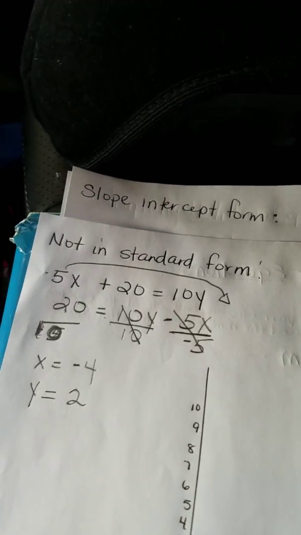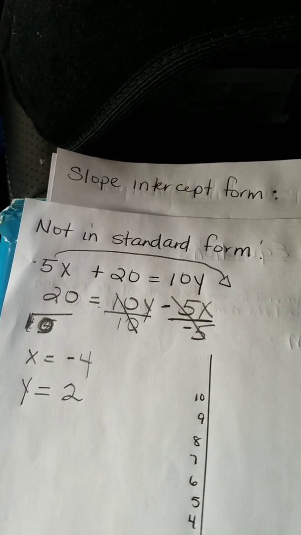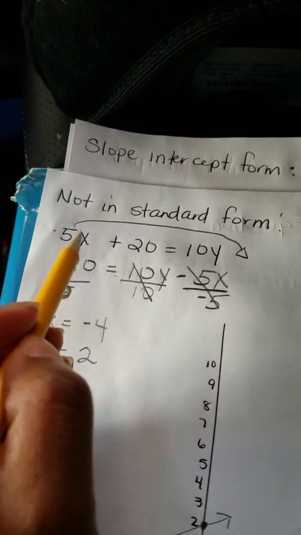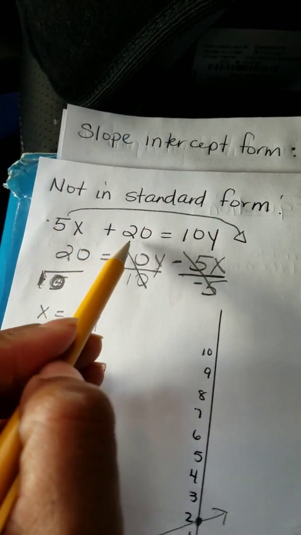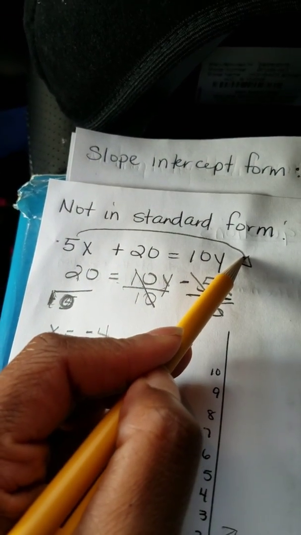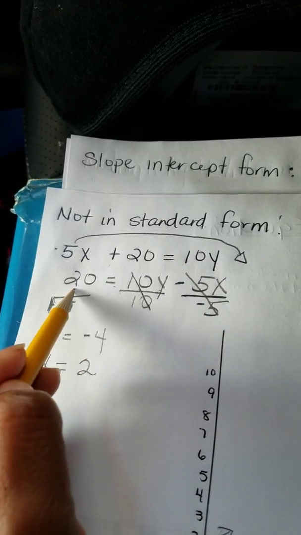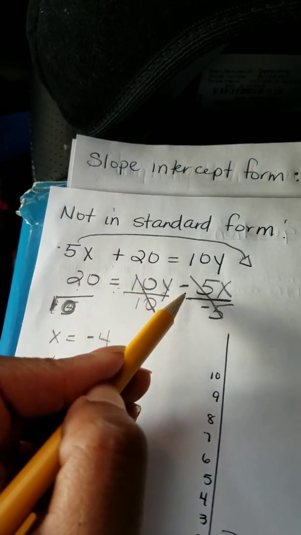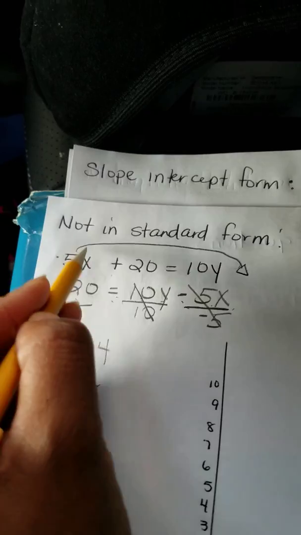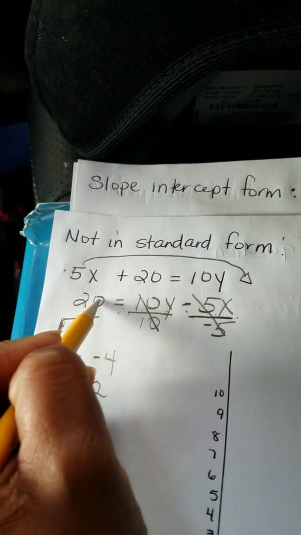But if I was to get a problem that was not in standard form, basically I have my variables on both sides. So I moved the 5x over to the opposite side, leaving me with 20 equals 10y minus 5x. I used this 20 and brought it down.